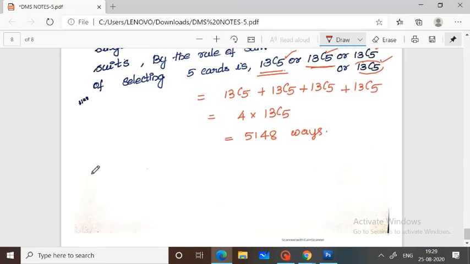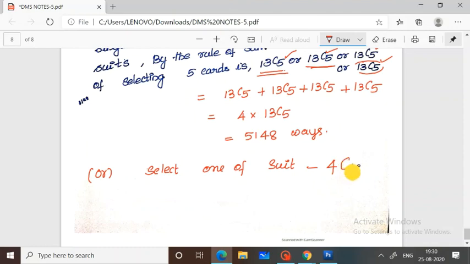Or you can write the answer as, first of all, select one of the suits. Select one of the suits. അപ്പോൾ എങ്ങനെ എഴുതും? Select one of the suits means there are how many suits? 4 suits.